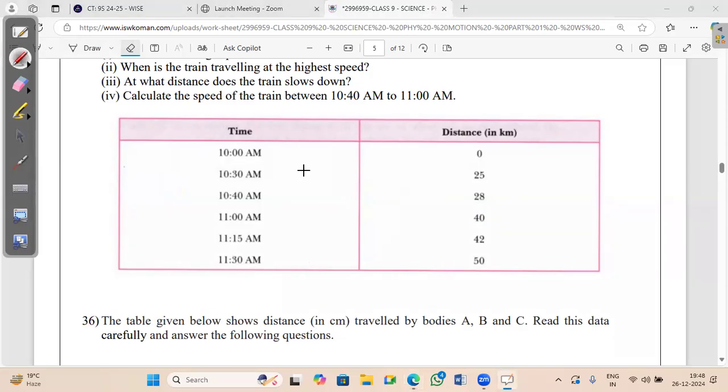So for the first time interval, 10 a.m. to 10:30 a.m., I can find the speed by taking distance by time, distance as 25 and time as 30 minutes. So 25 divided by 0.5, which gives me 250 by 5, 50 kilometer per hour.